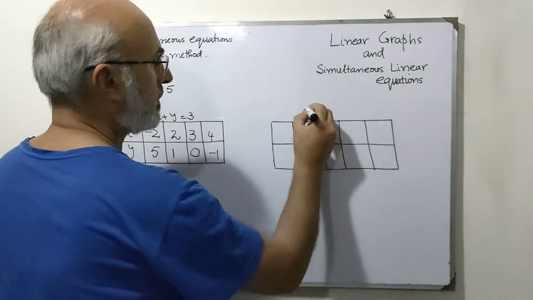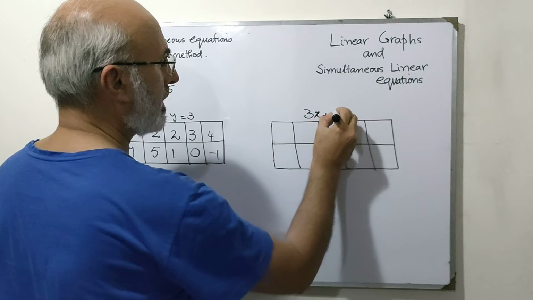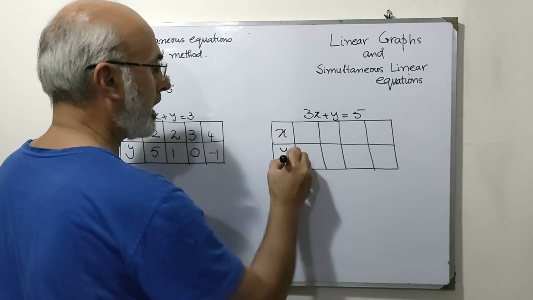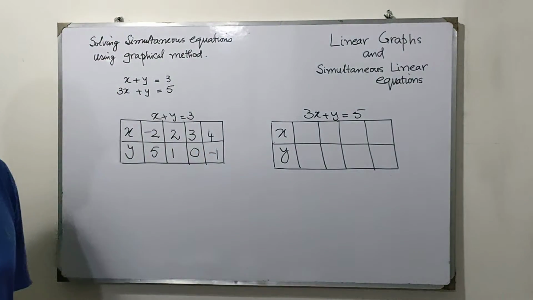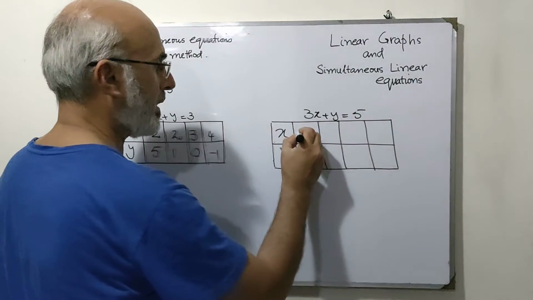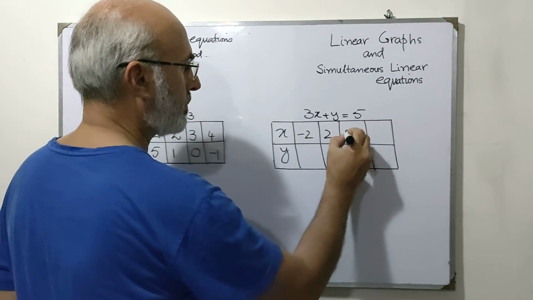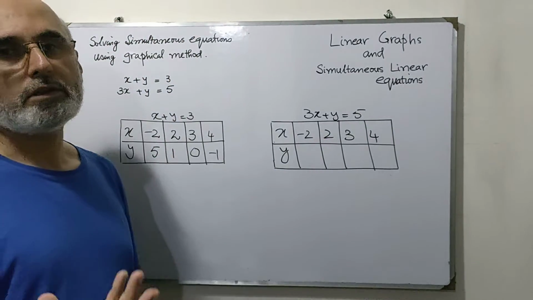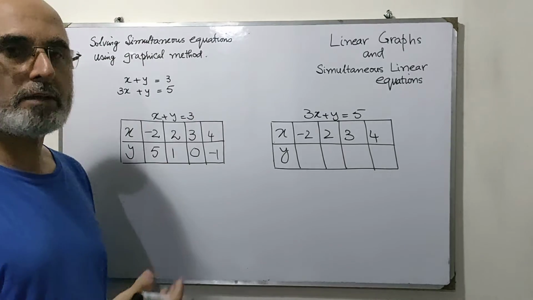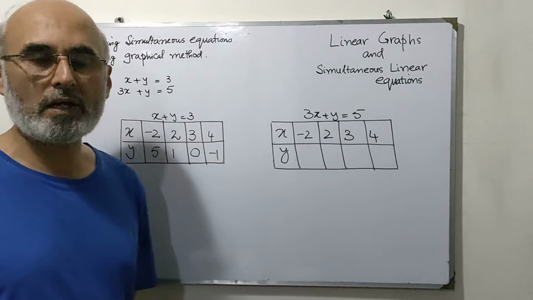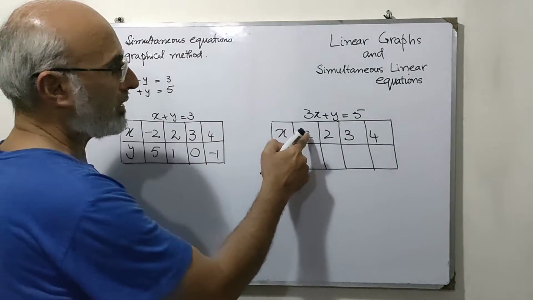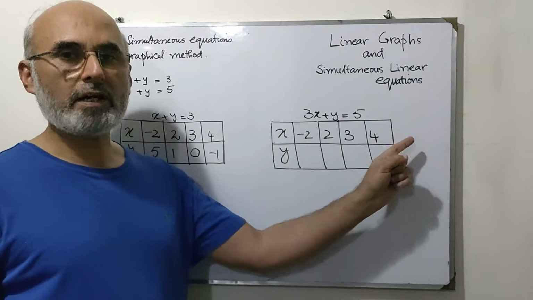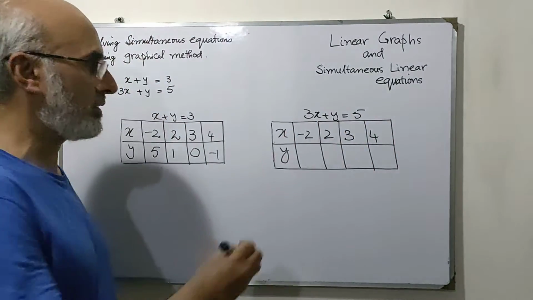Now 3x plus y is equal to 5. I'm going to take the same values for x: minus 2, 2, 3 and 4. These can be any values. If you're trying the same example, you can try different values. So minus 2 into 3 is minus 6. Minus 6 goes to the other side, 5 plus 6 is 11.